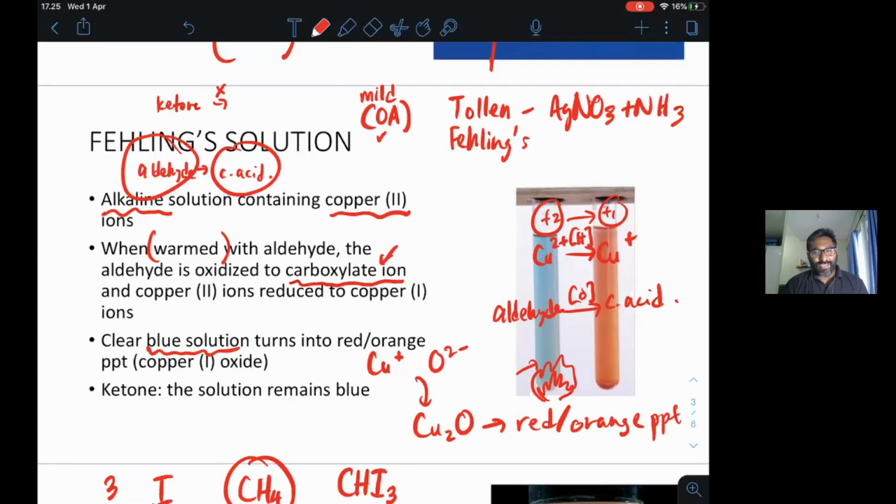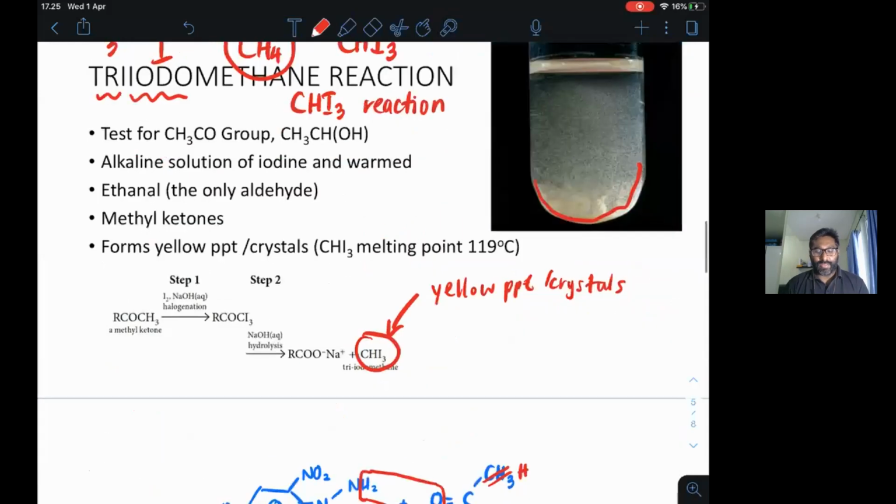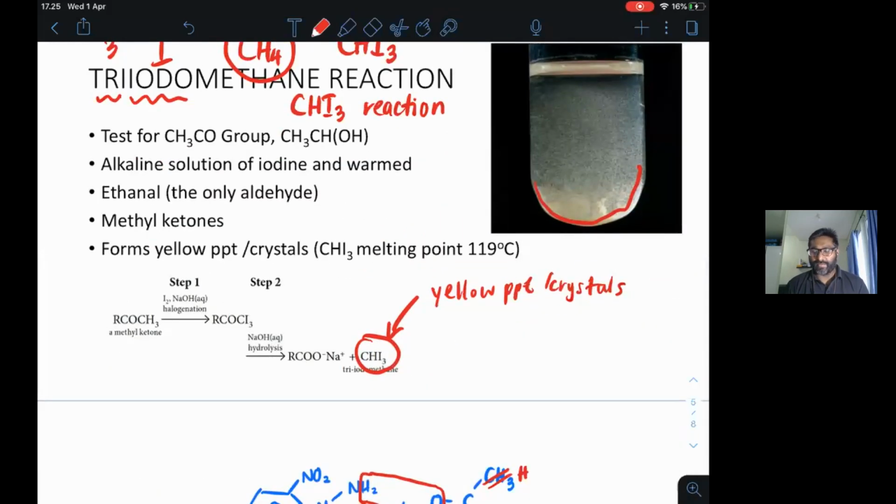Deep orange, a very bright orange, comes for 2,4-DNPH. For Fehling, rather than putting red, you can just say orange precipitate. But for triiodomethane, you are going to get a yellow precipitate. It's yellow, not orange, and you can see the color of the precipitate also here.